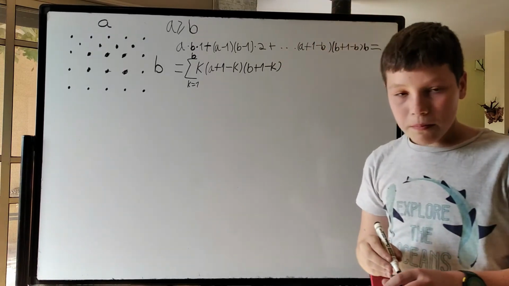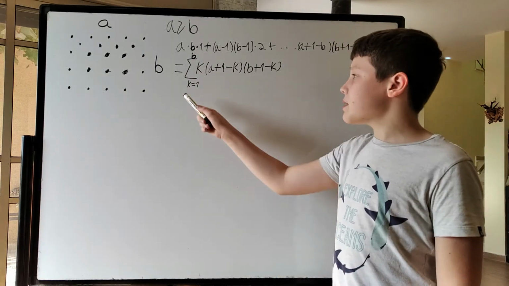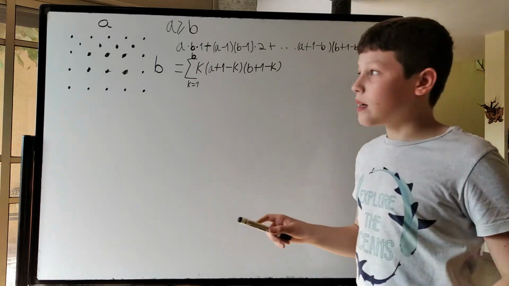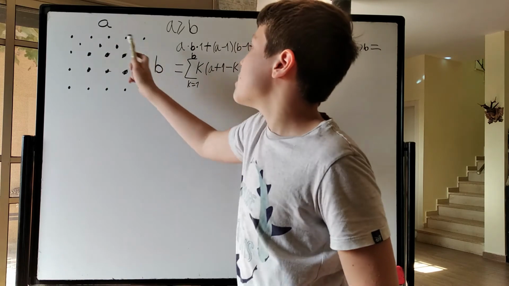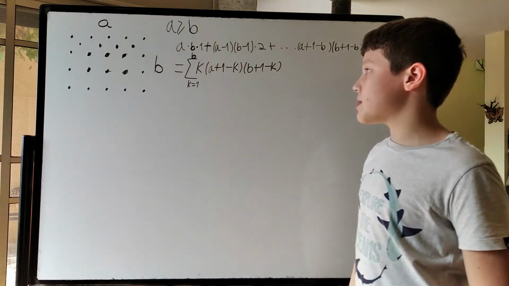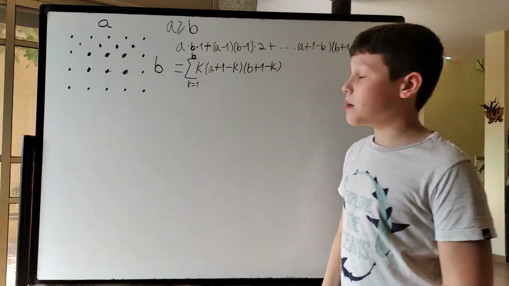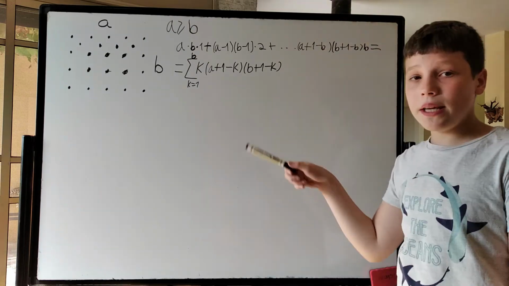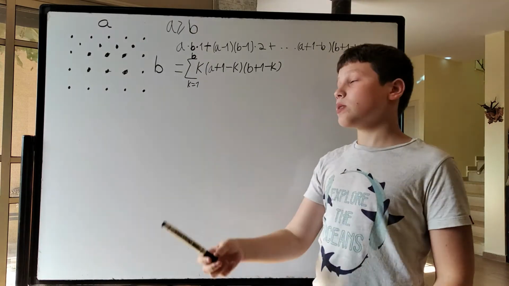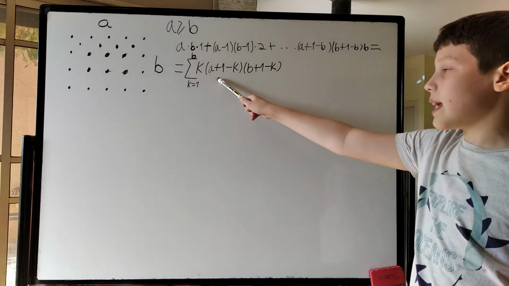That's the sum. But remember, the answer to this won't be the formula, since A and B still refer to the length in units, and that's the points. But now it comes the part where we replace A and B with A minus 1 and B minus 1, since here we'll get a nice cancellation.